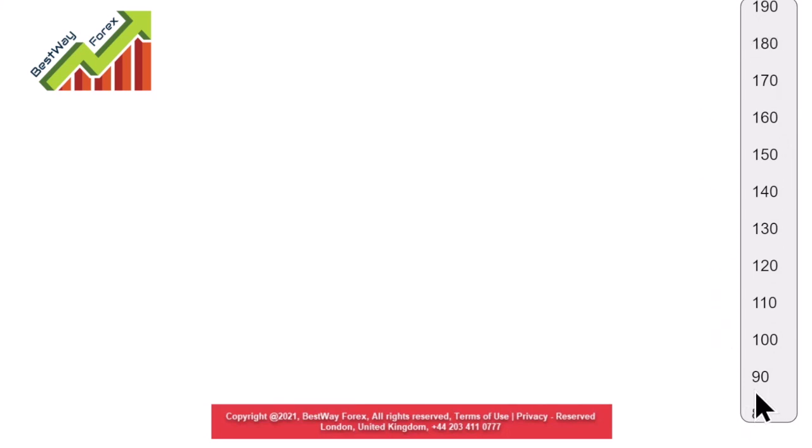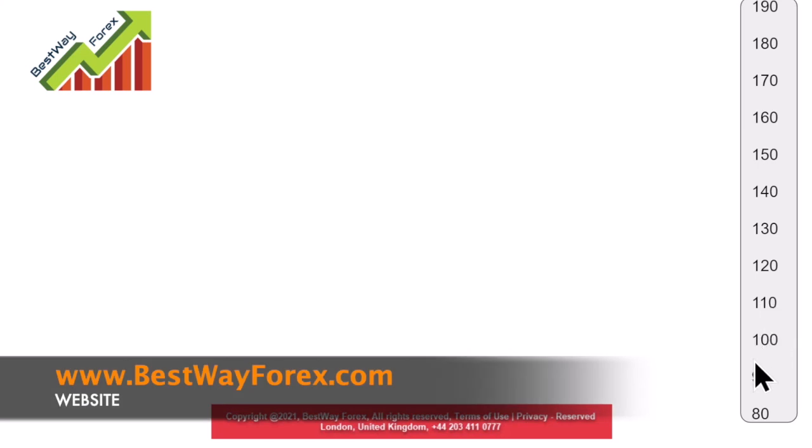For simplicity I just make the price increase, but in reality there is a lot of movement and a lot of other prices between 100 and 110. For simplicity I just use the even numbers here.